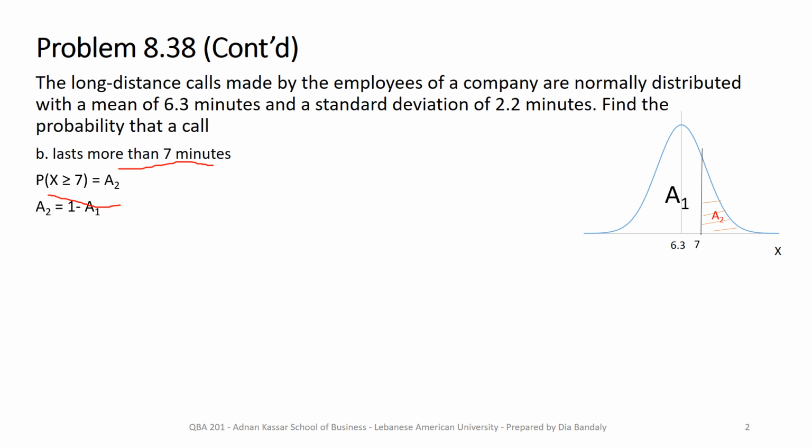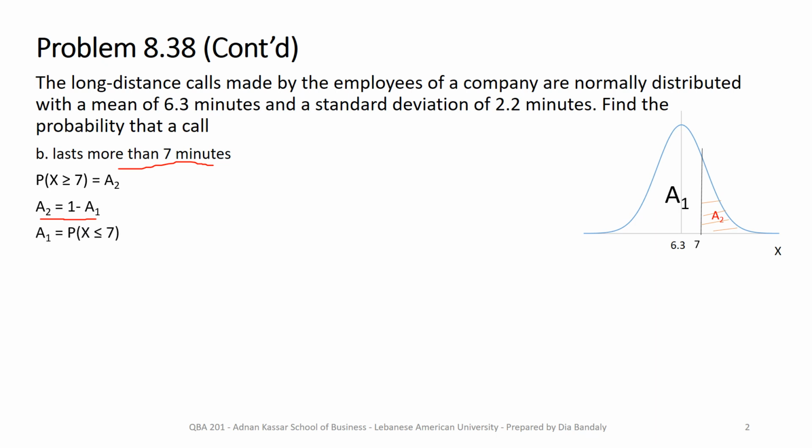Because I know the relationship between A2 and A1. We know that the area under the curve is 1. So since A2 and A1 complement each other, that means A2 is 1 minus A1, or A1 is 1 minus A2.